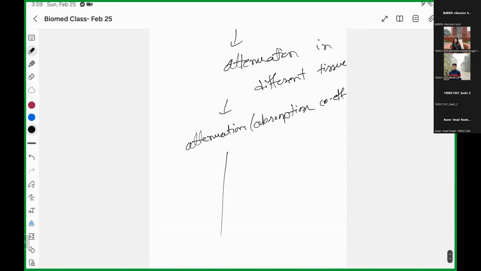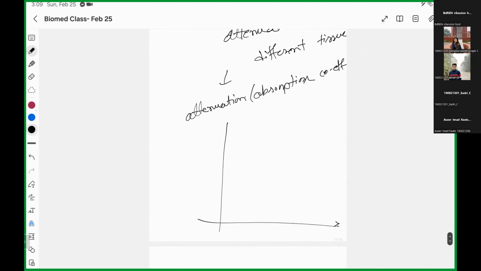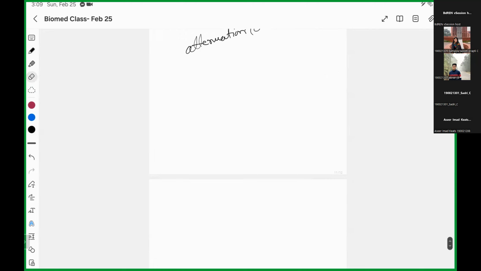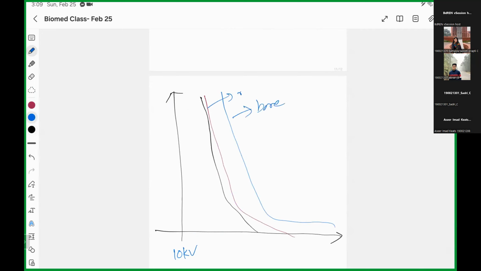If I plot a graph this way, see, when I have this 10 kilo electron volt, this is your bone, this is your muscle, this is your fat.